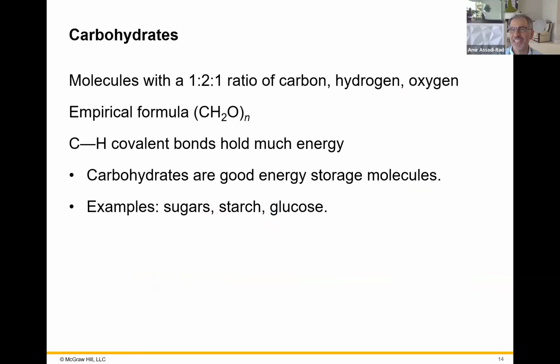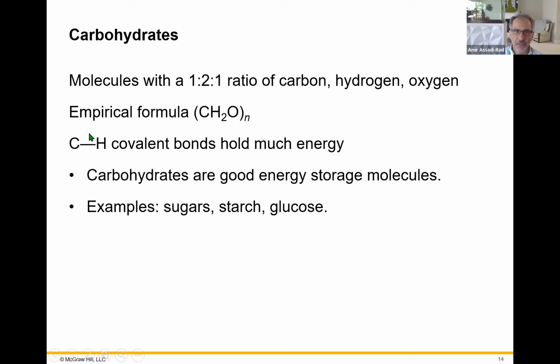Carbohydrates is the first building block we are going to talk about. These molecules have a 1 to 2 to 1 ratio of carbon, hydrogen, oxygen. For every one carbon, there are two hydrogens, and for every one oxygen, there are two hydrogens. So the empirical formula is CH2O, n number of times.